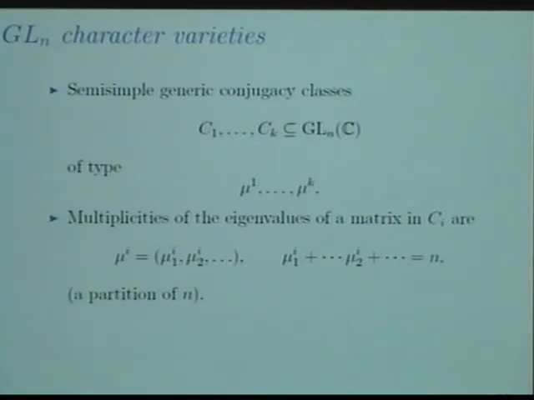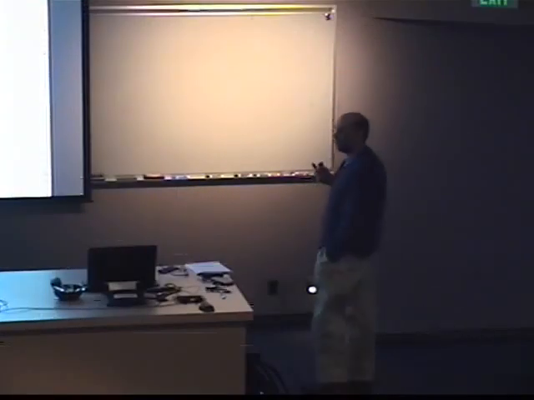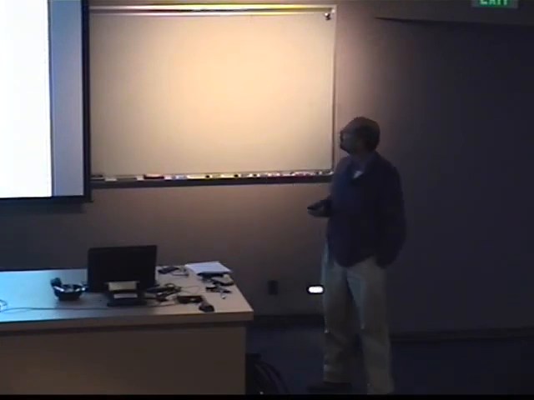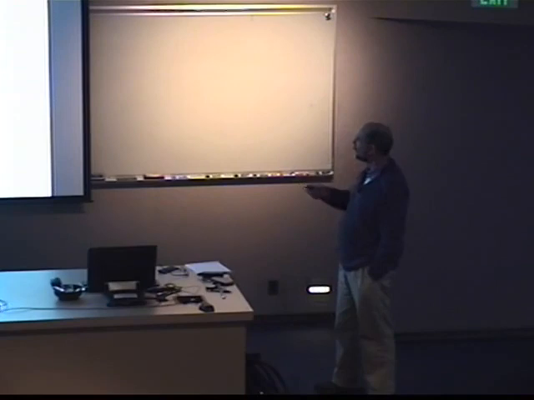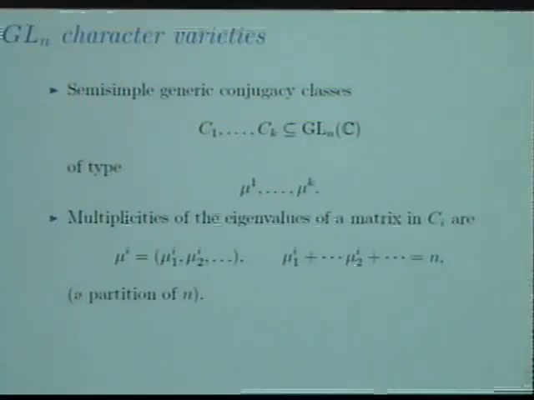So at puncture i I have a matrix that has some eigenvalue repeated mu i1 times, some other eigenvalue repeated mu i2 times, etc. The total mu i1 up to mu i, etc. adds up to n. So that's a partition of n, and we can always reorganize the mu's so that they're decreasing, which is the standard way to think of a partition.